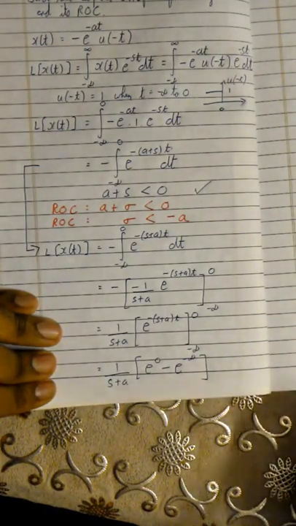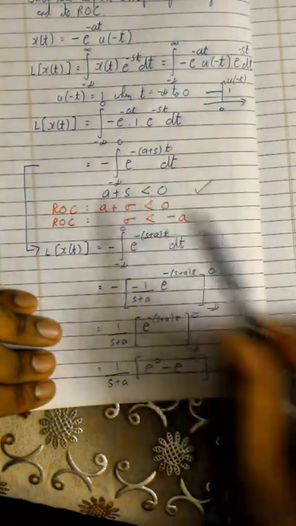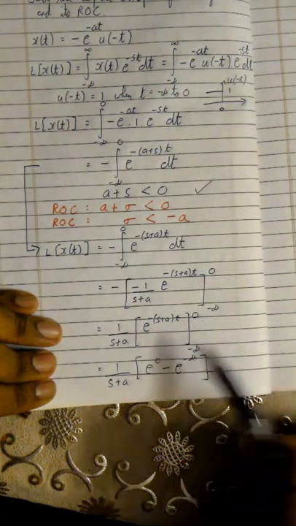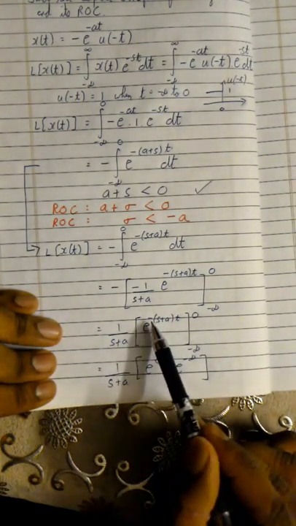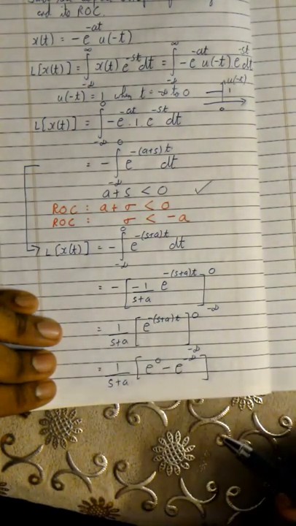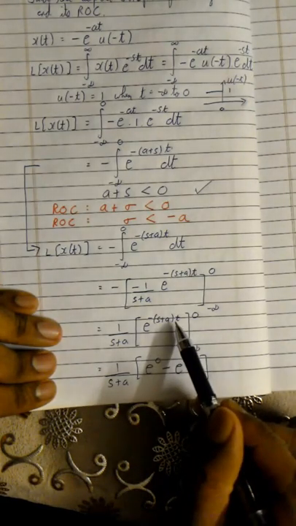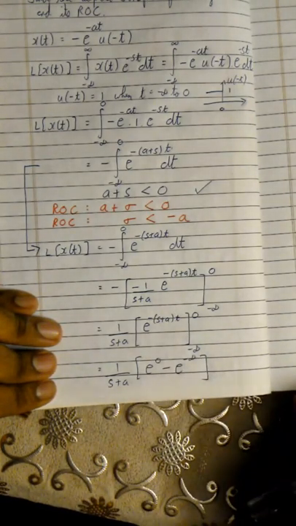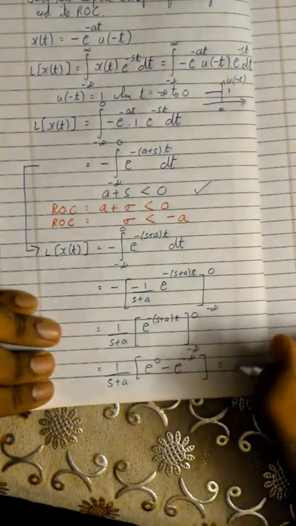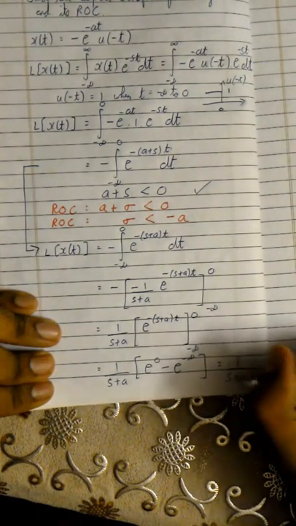So in other words, here also we get e raised to minus infinity, because s plus a is also a negative value. So that negative value, with this negative value, this becomes a positive value. So minus infinity, if you substitute over here, you will get e raised to minus infinity itself. Okay, this is also equal to 1 by s plus a.